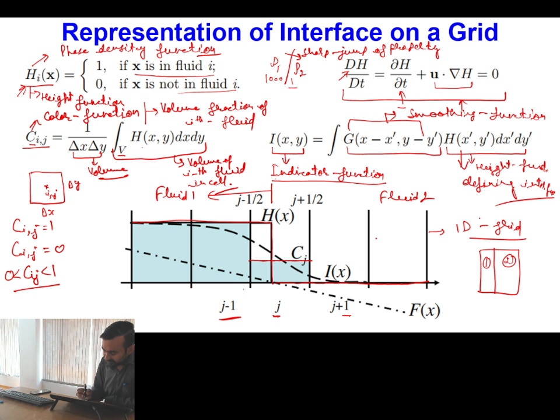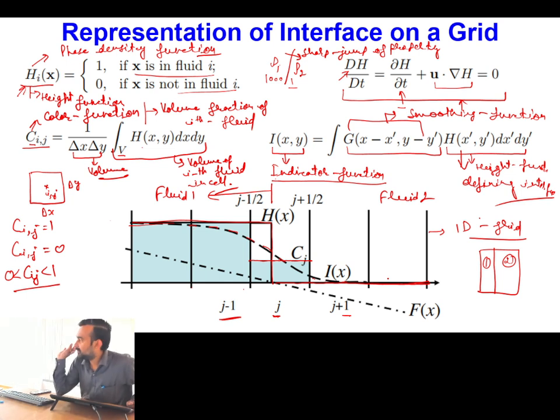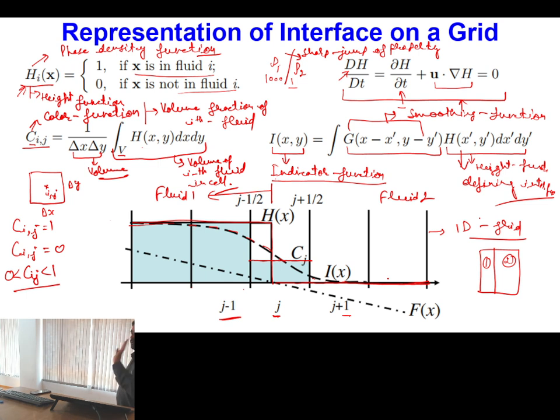So the final function I(x) I have got is equal to 0 in the bulk of fluid 2 and equal to 1 in the bulk of fluid 1, and the cells close to the interface gradually transition from fluid 1 to fluid 2. Is this point clear? Now whatever you were asking, is it clear? Okay, all are clear with this idea.